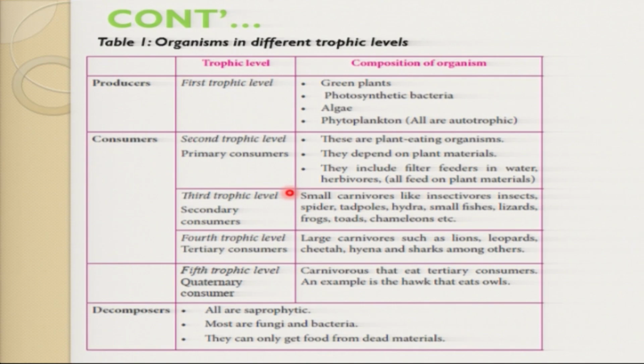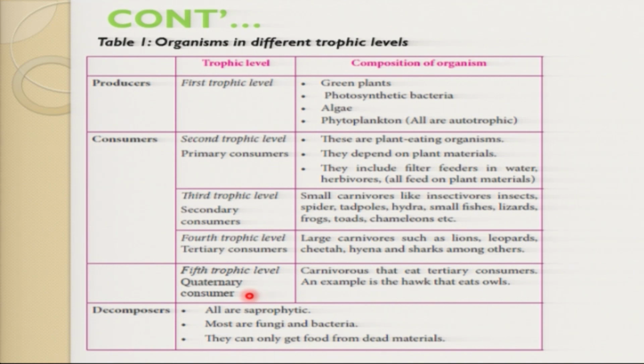We have the fourth trophic level, which could be occupied by large carnivores, such as lions, leopards, cheetahs, hyenas, sharks, among others. We have the fifth trophic level, or quaternary consumer, which is carnivores that eat tertiary consumers.